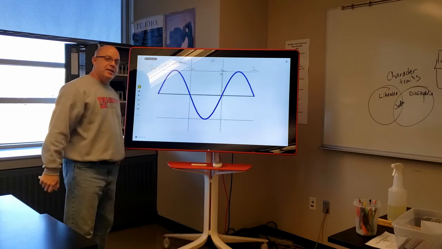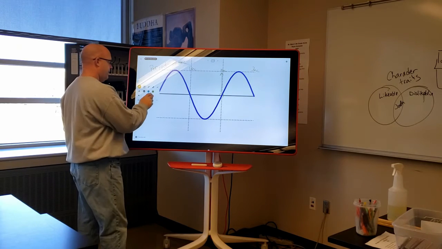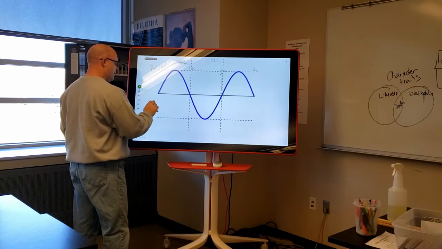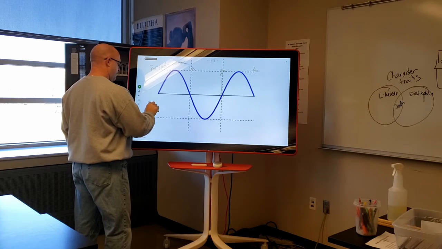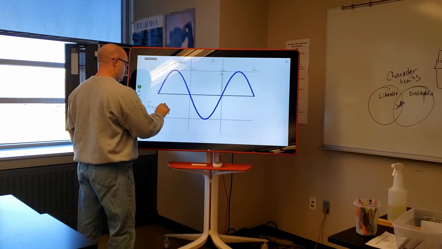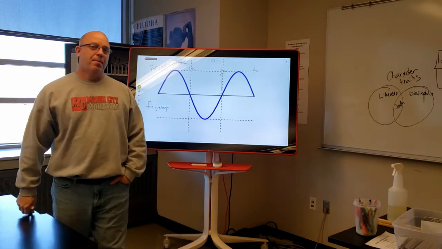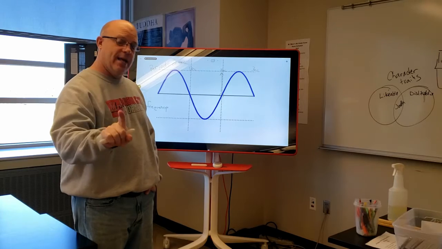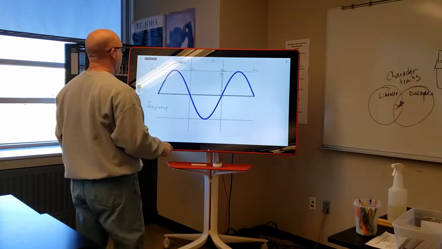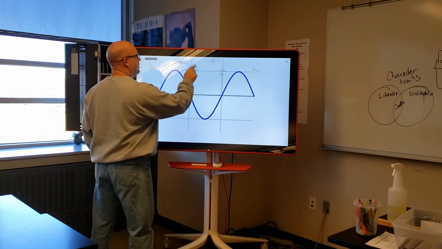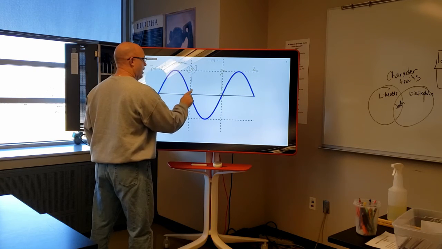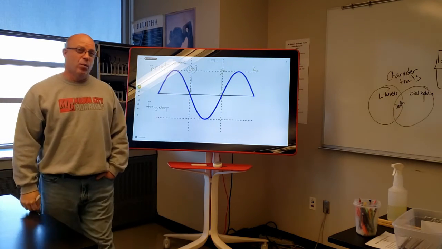The frequency, on the other hand, is how many waves pass in 1 second. So in this one, you have to look at the 1 second. How many waves have gone by in 1 second?